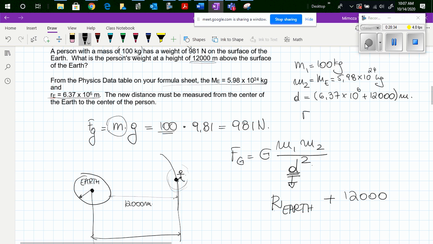And what we are looking for is the force of gravity, or the weight, that the person is experiencing at that point.